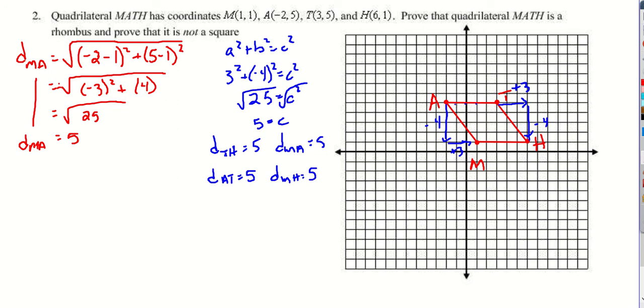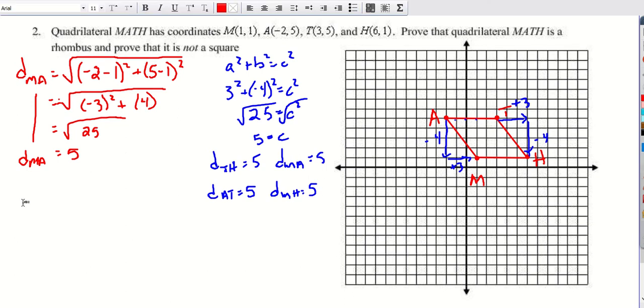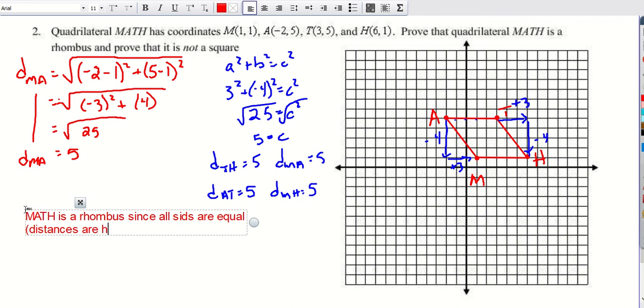Now we can make one quick statement, but we'll write a summary statement just for the first part. We're going to say MATH is a rhombus since all sides are equal. And the reason we know that is because the distances are equal.